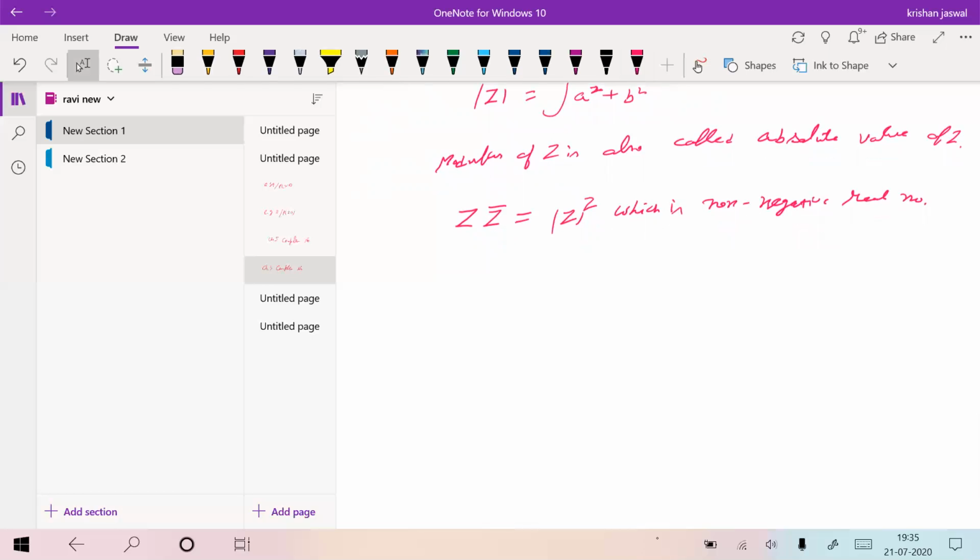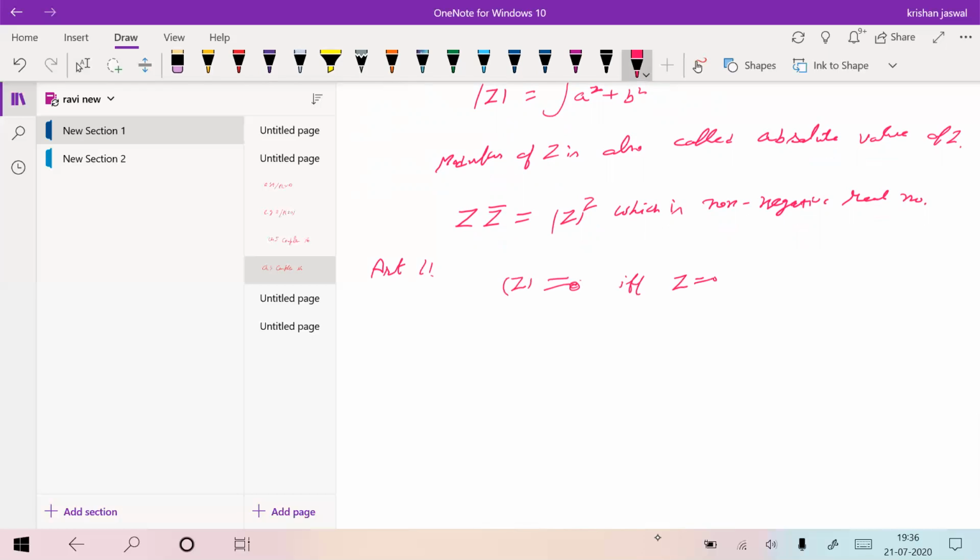Article number 11, prove that modulus of Z is equal to 0 if and only if Z is equal to 0. When modulus of Z is 0, then the complex number is 0, and only if Z is equal to 0.